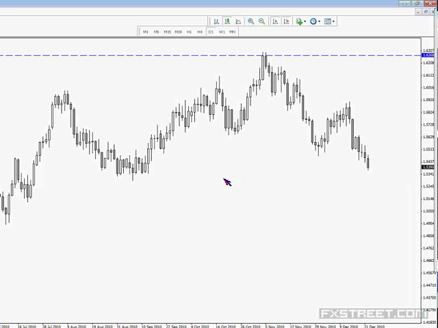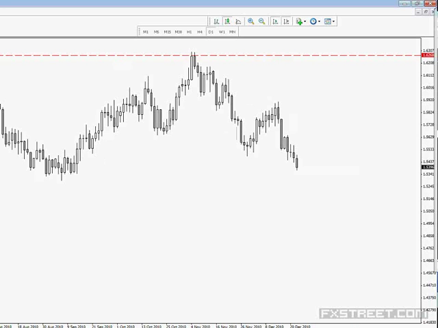I'll draw my red ones in first. The obvious one, the extremes, right? So our extreme zones, where we have extreme touches, I'll put zones there. So I'm just going to draw my daily zones with red, and then I'll drop down to the 4 hour chart where I'm going to trade, and I'll draw in a few more with blue, just to remind me that my red ones are based on the daily chart, and my blue ones are based on the 4 hour chart.